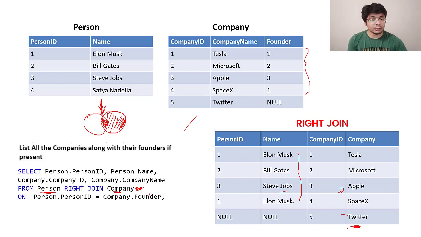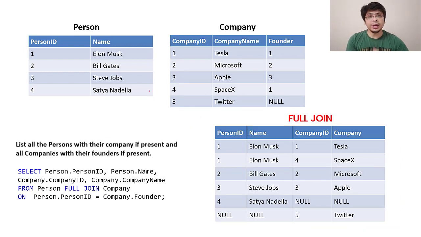In the previous left join, you saw that Satya Nadella was returned, but in this case, Satya Nadella is not returned, but Twitter is returned, and the corresponding founder's name is null. So all the values of the right side table get returned, but if the corresponding founder is not present in the left side table, then we get null values here. I hope you are able to understand this.